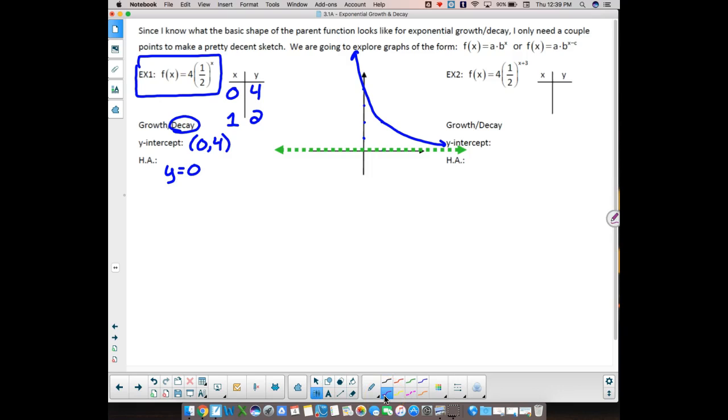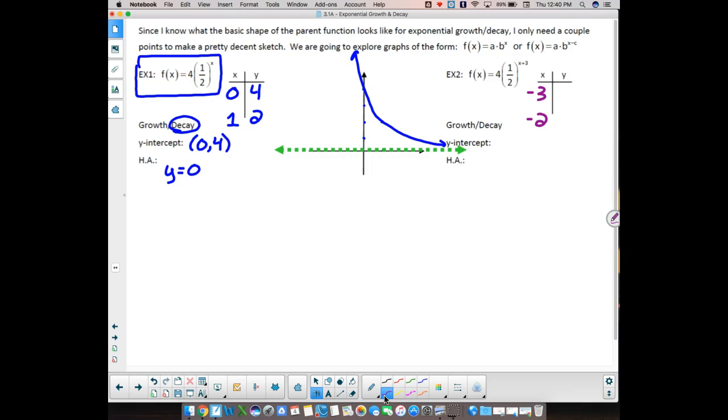Okay. Next one now I will do in purple. Okay. What values of x are going to make my exponent be 0 and 1? -3 and -2.